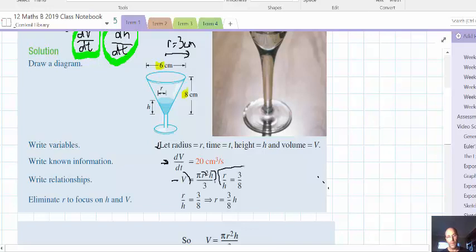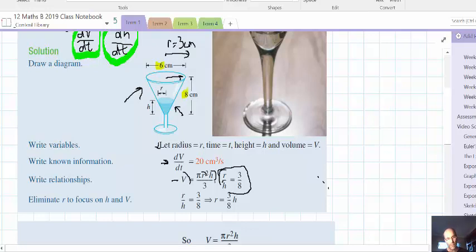So the clever thing to do is look at the actual shape that we are given. Now for the amount of water in there, the body of water won't have a radius of 6 and a height of 8, but it will have that ratio.